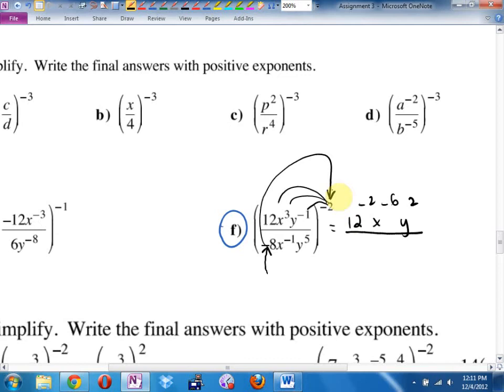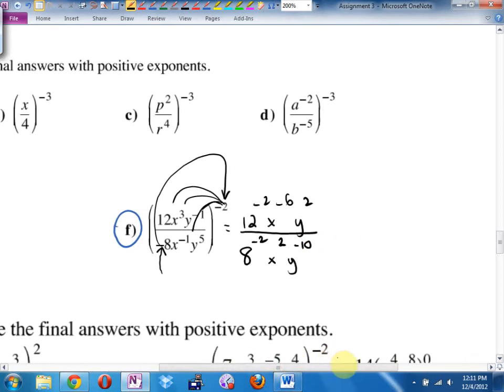So I'm ditching the negative, yes? It's going to be an 8 to the negative 2, but not a negative 8. An 8 to the negative 2. An x to the power to a power positive 2, negative 1 times 2. And a y to the negative 10. So far, so good? Let's put an equal sign right here.